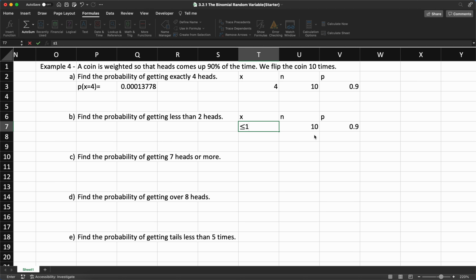So less than 2, the only numbers that are less than 2 when thinking about discrete variables are 1 and 0. We could get 1 head or we could get no heads. So we're looking for the probability of getting less than or equal to 1. That'll be the same thing as getting less than 2.